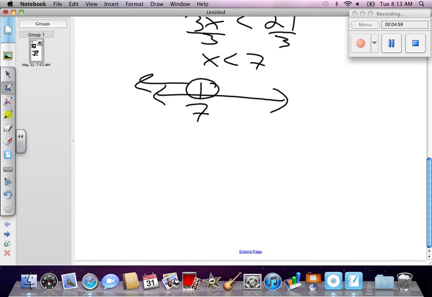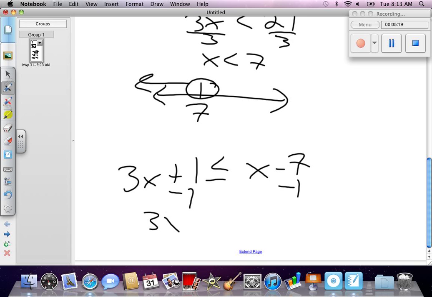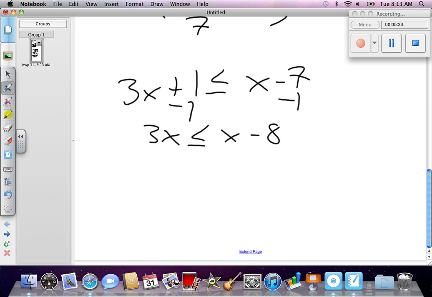Okay, if we're looking at number 4, we've got 3x plus 1 is less than or equal to x minus 7. Okay? Taylor, what step might you do first? Subtract 1. So you get 3x is less than or equal to x minus 8.